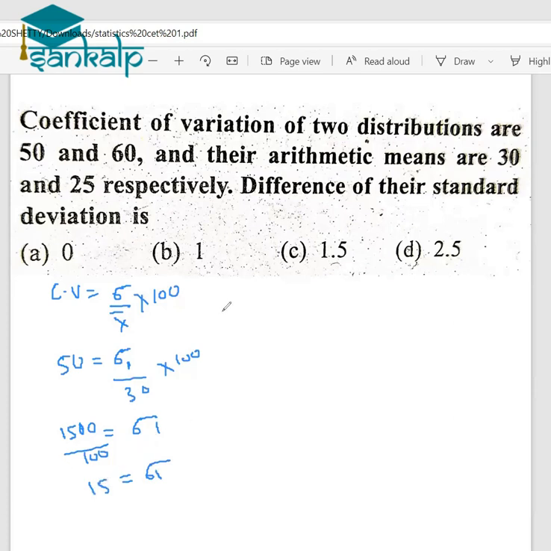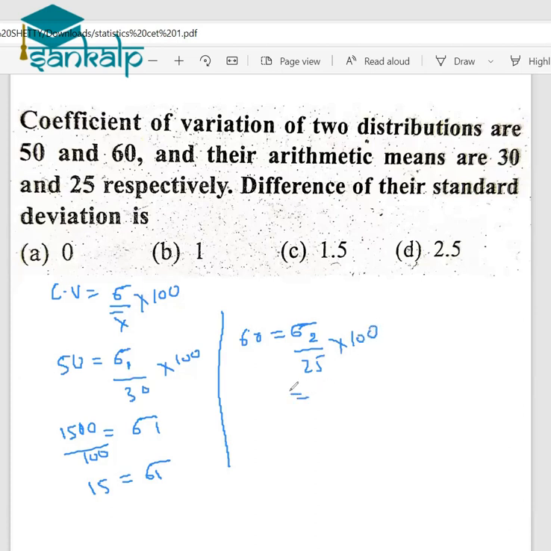Next, similarly, in the second case, again apply the same formula. In the second case, the CV is 60. So 60 is equal to sigma 2 divided by the x bar value 25, into 100.